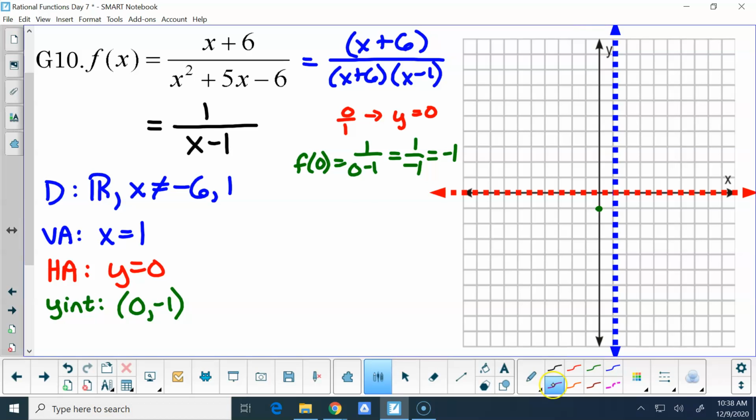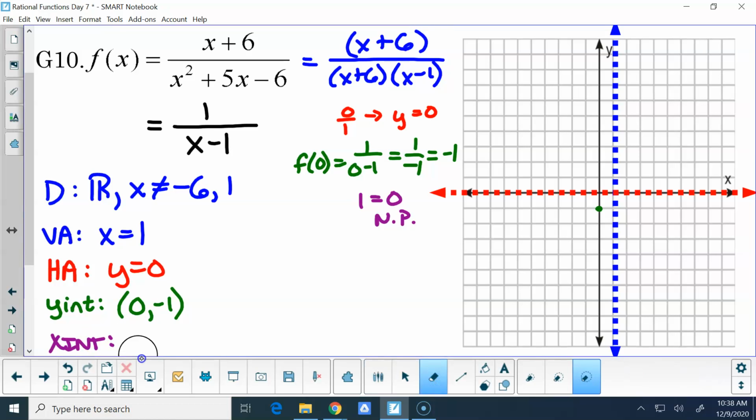X-intercept, numerator is 1. Set that equal to 0, and that is not possible. So my x-intercept is none.